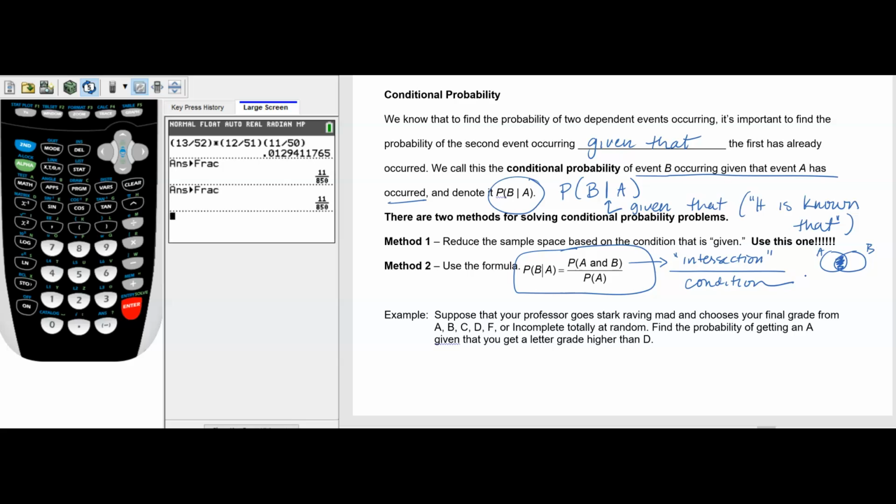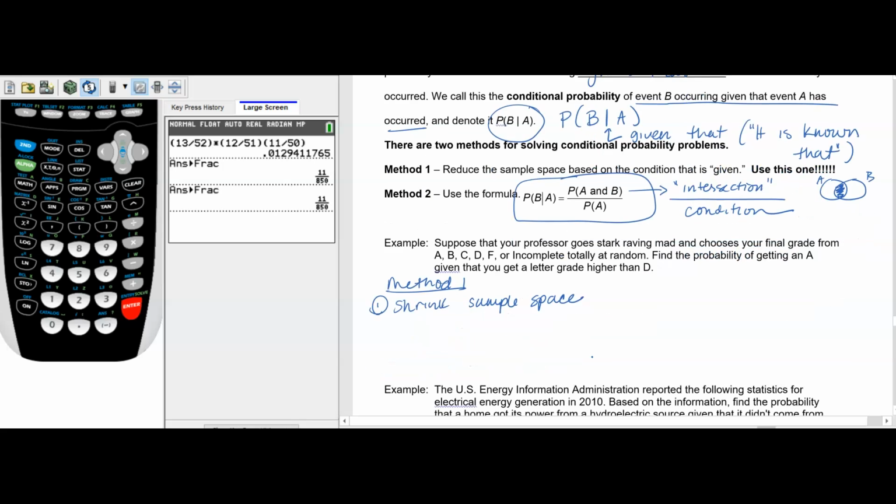So method one, I'm just going to say method one. The first thing we're going to do is we're going to shrink our sample space. And you're going to do that by looking to the part of the question that comes after the word given. So look after the word given.